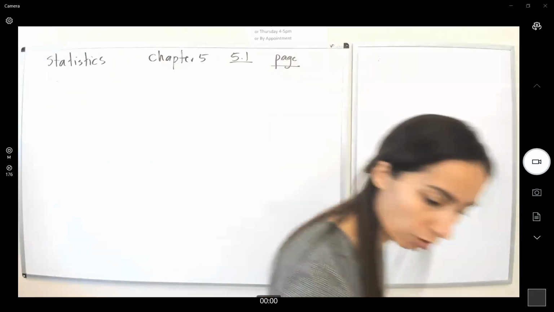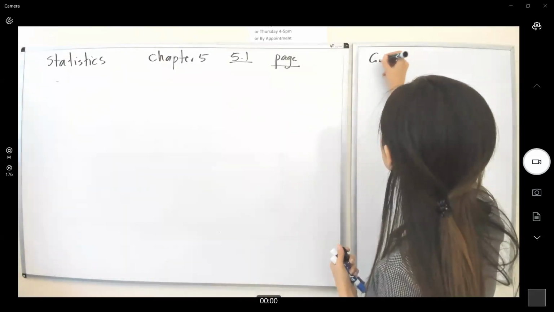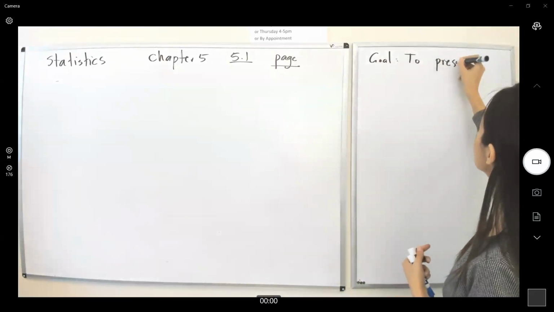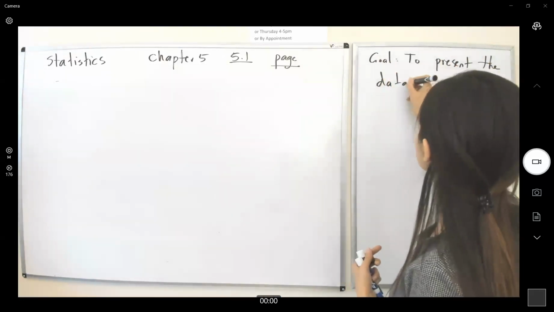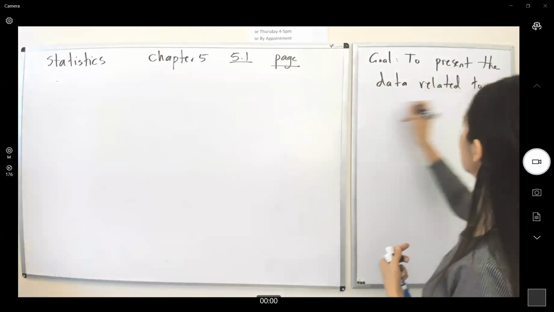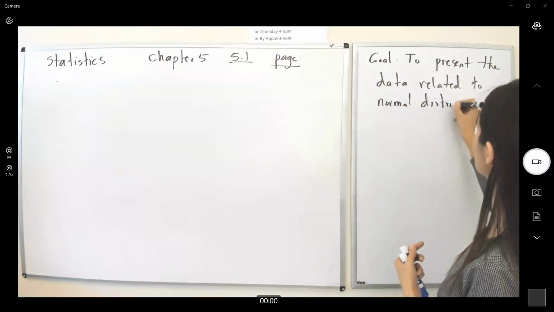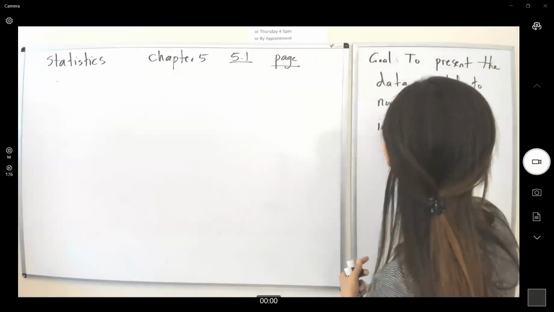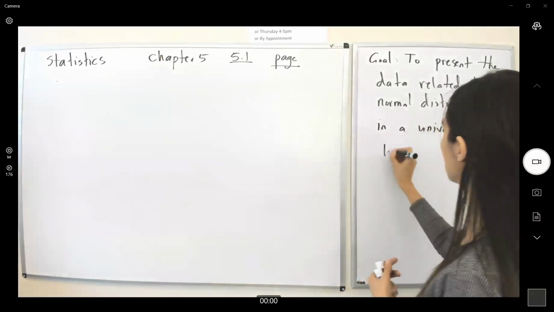So this is our goal. Our goal is to present the data related to normal distribution in a universal language.